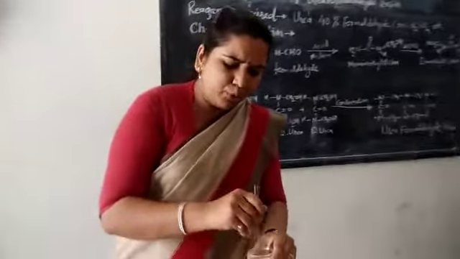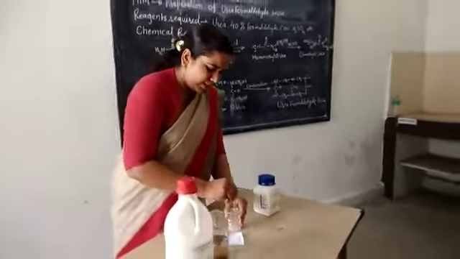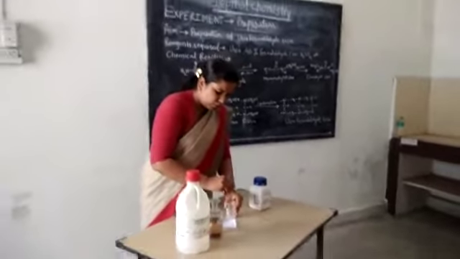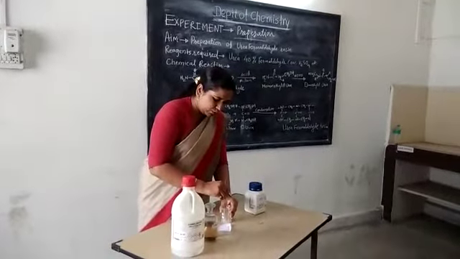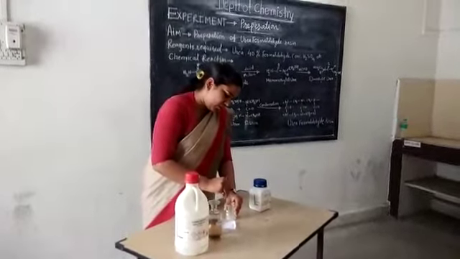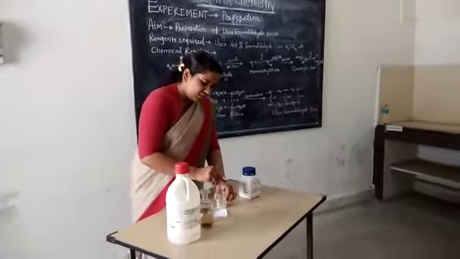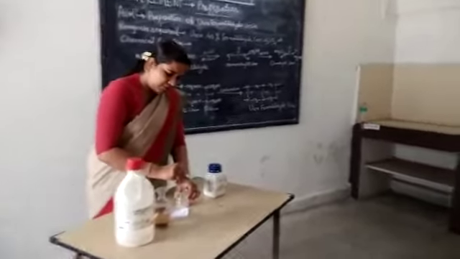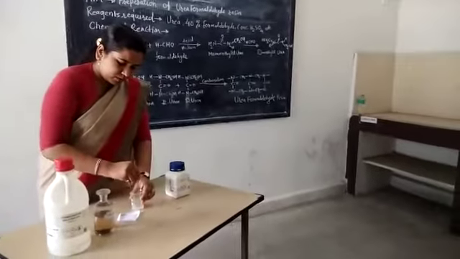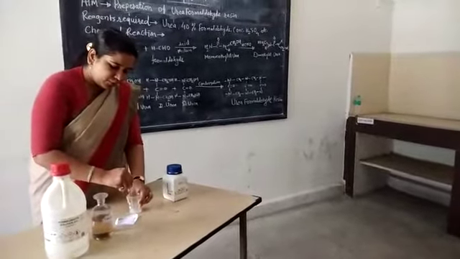Now in this we have to use H2SO4, that is the concentrated, 100% concentrated H2SO4 solution. So we have to prepare a saturated solution. Saturated means that the formaldehyde should be totally saturated by using it.